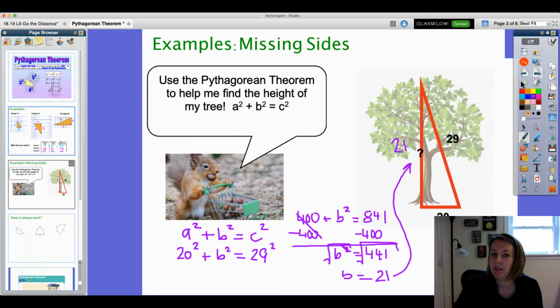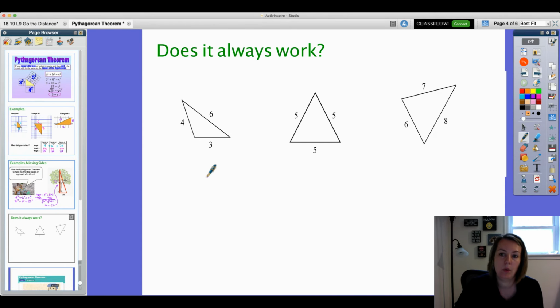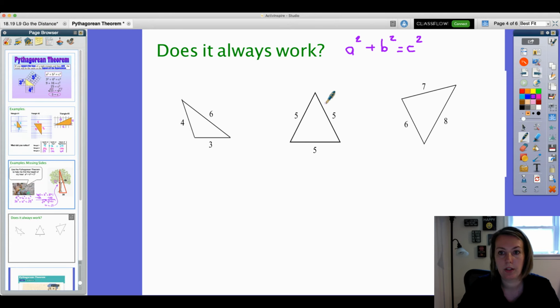Okay, now let's look at whether this always works. I've talked about the right angles, but these do not have right angles. So let's see if this would actually work out if it does not have a right angle. So here my legs could be 3 and 4. So remember, the Pythagorean theorem states a squared plus b squared equals c squared.